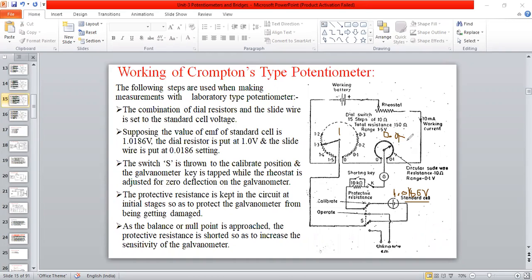So it is a combination of 1 and 0.0186 here. Now you tell me, 1 plus 0.0186 equals 1.0186. So it is the same voltage, the standard cell voltage, which we have set.